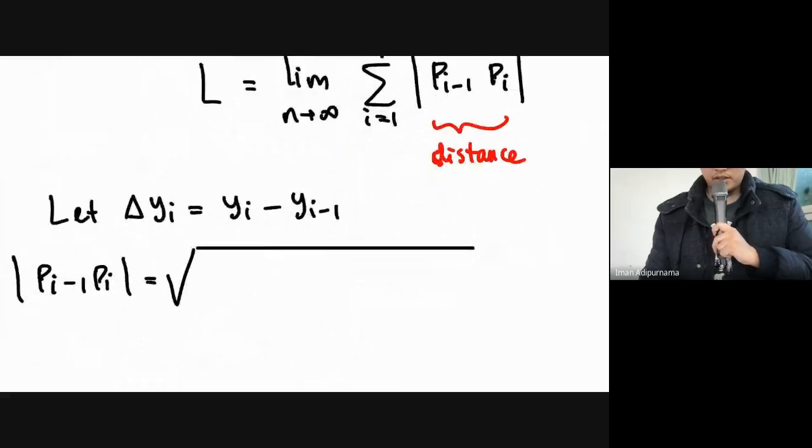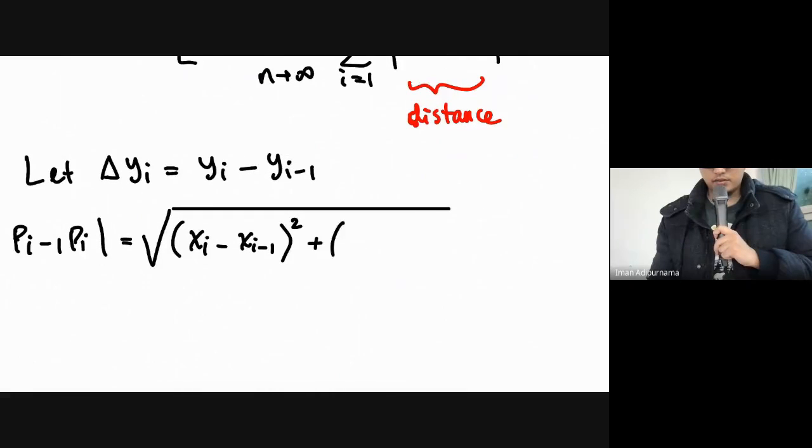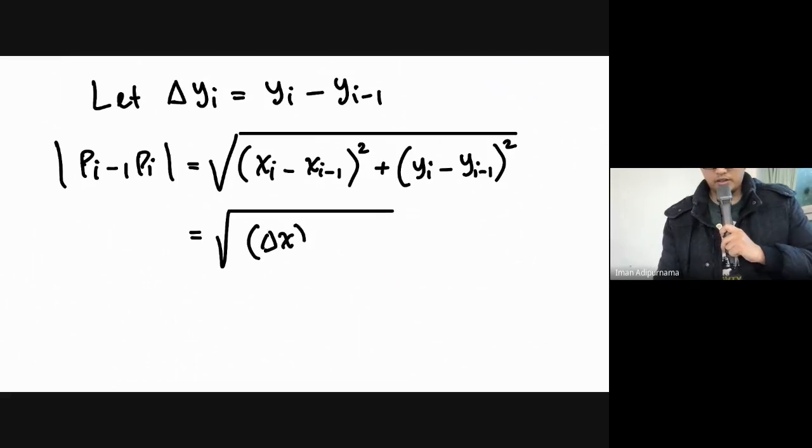So I can write here xi minus xi-1 squared plus, and I can write this as a delta to simplify our calculations. So delta x squared plus delta y squared, because I'm writing i.